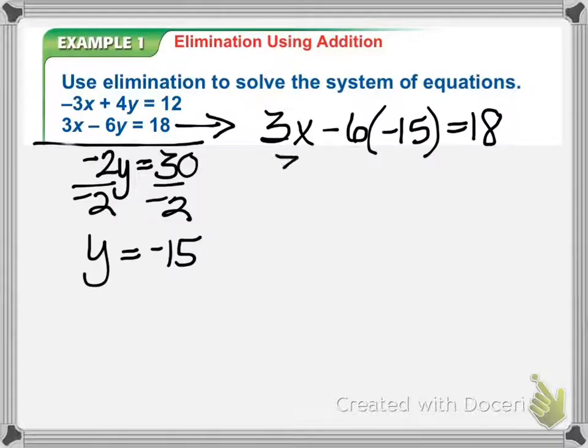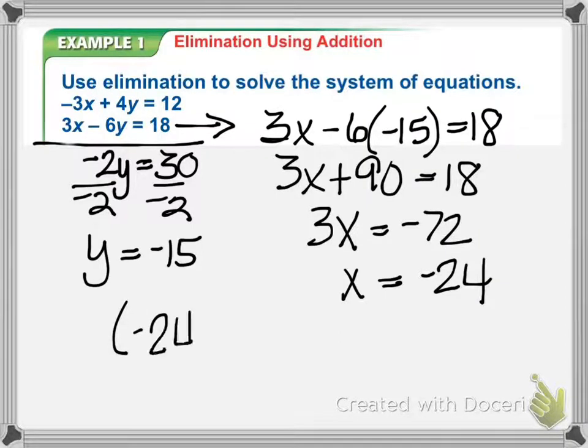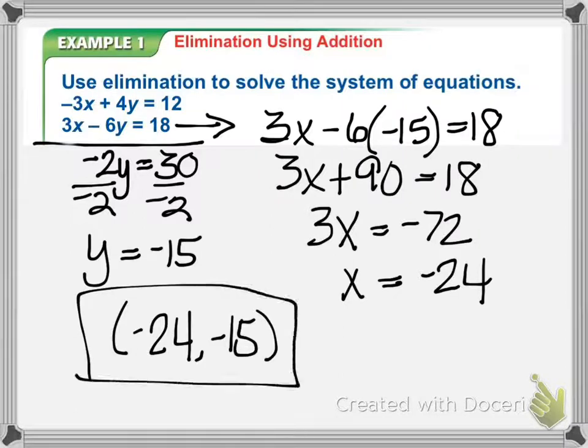So when you do that, you get 3x plus 90 equals 18, and then you subtract your 90 from both sides. That leaves you with 3x equals negative 72, and then you divide by 3 on both sides, and that gives you negative 24. So then your solution ordered pair for this particular system is negative 24, negative 15. So that's where this system is going to cross on the xy axis.